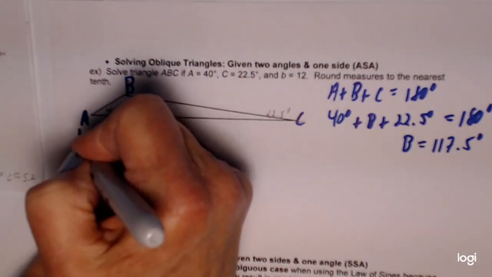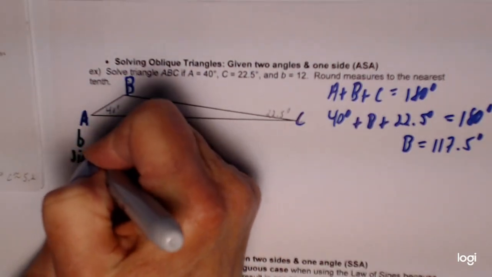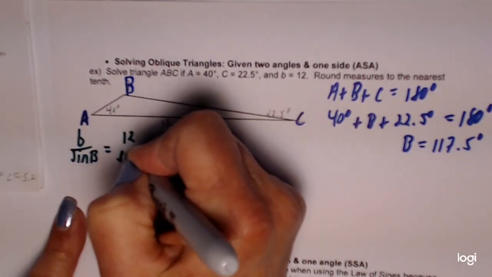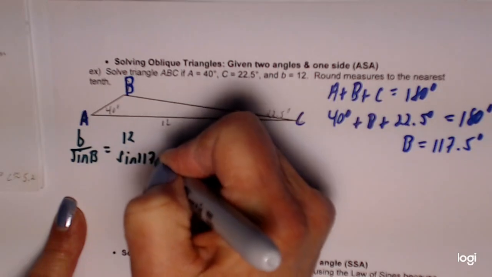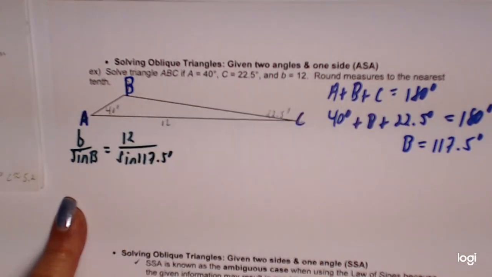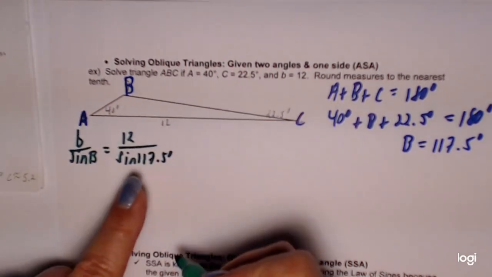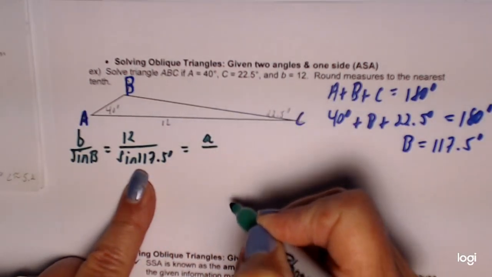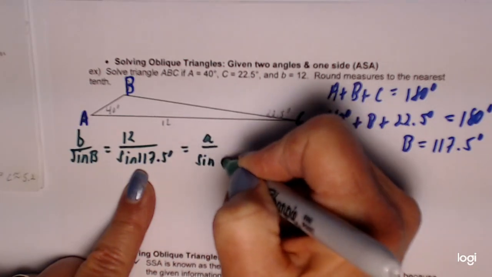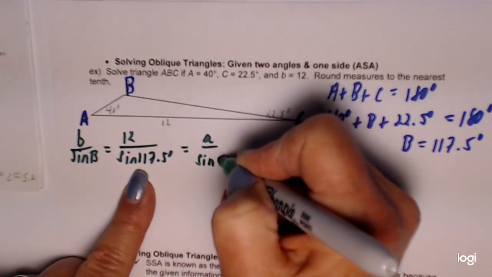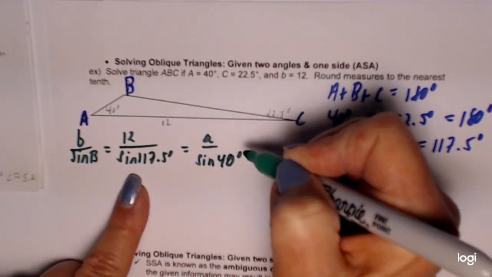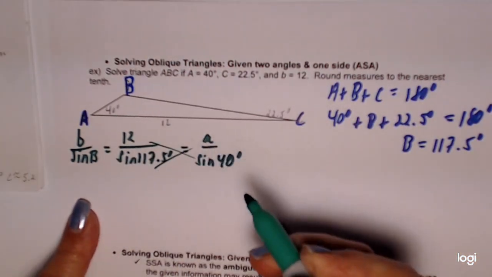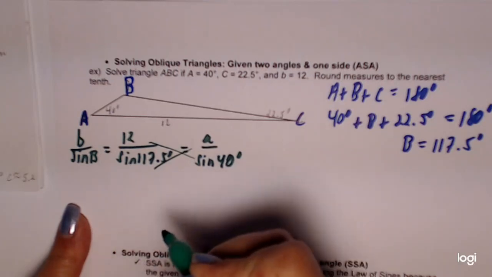So we are going to have B over sine B, which is our 12 over sine of 117.5 degrees. There's the ratio we're going to start with. And I'm going to start with A. This is going to be equal to the length of side A over the sine of angle A, which is 40 degrees.